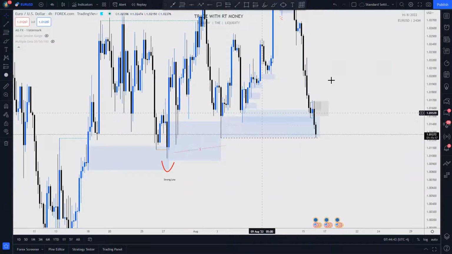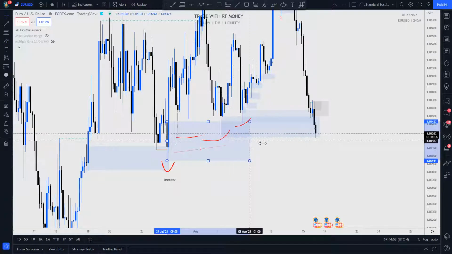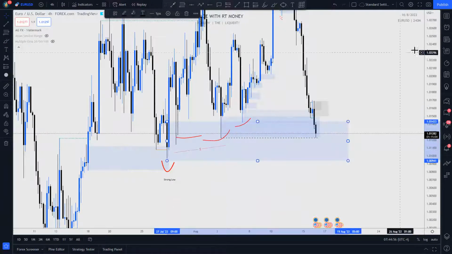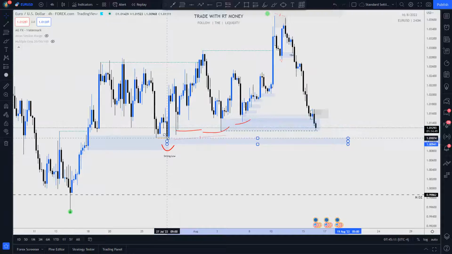It's reasonable to think that price would take that low out, take this low out, and maybe come down here, because of the resting pools of liquidity. And this is the strong low that made this first higher high here, and it is reacting to this zone of demand. Here in the wick area is the extreme of it.